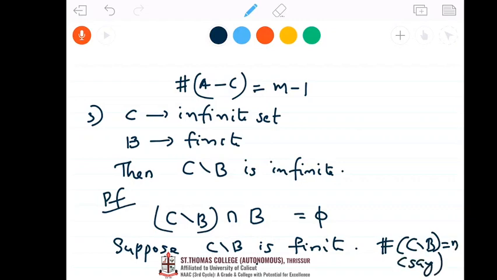Similarly, we are given that B is a finite set, so B has a certain number of elements. I am calling it m. So B has m elements, C minus B has n elements, and both of them are disjoint.